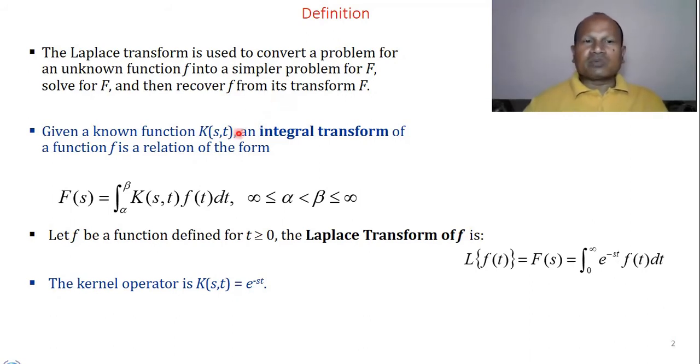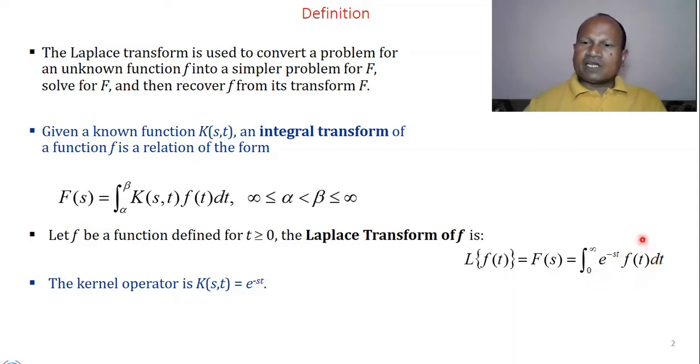Given a known function, we apply an integral transform, right? Let f be defined for t, meaning positive values of t. The Laplace transform is defined as L of f(t), which is written as F(s). It is the integration from 0 to infinity of f(t) e to the power minus st dt.